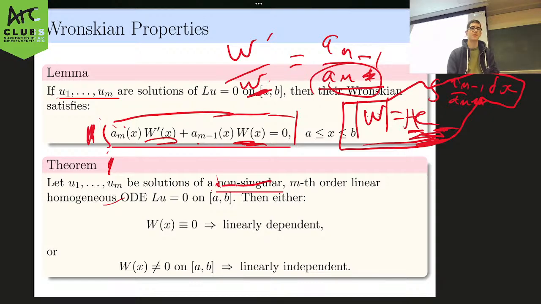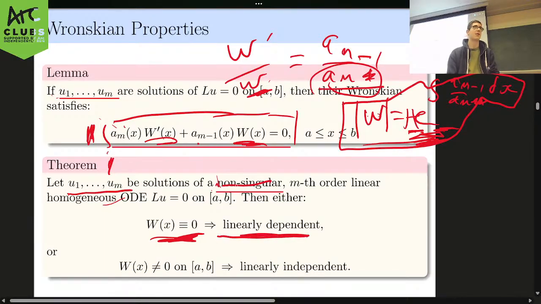And it turns out that when the Wronskian is identically equal to 0 on our interval, when we're looking at solutions to a differential equation, then, like how if you look at the determinant of a matrix, when it's 0 the column vectors are linearly dependent, that's the same kind of idea here. The functions are linearly dependent when the Wronskian is 0, and they are linearly independent otherwise, okay?